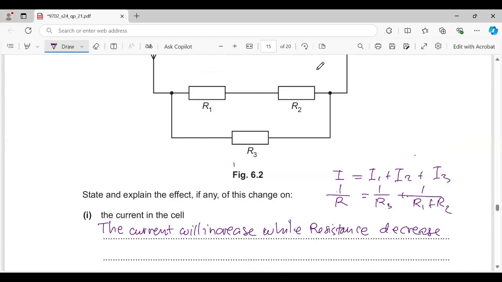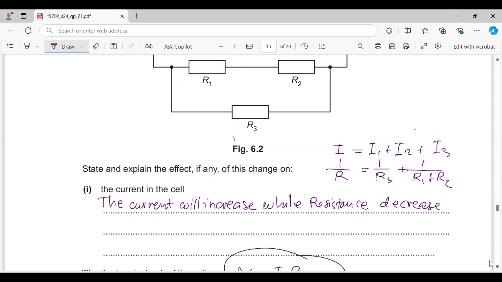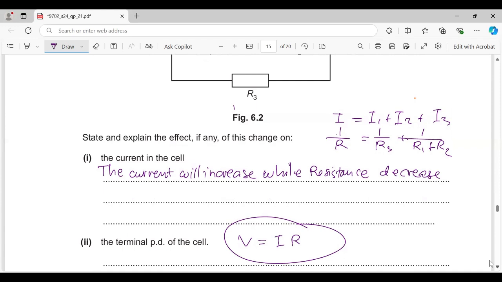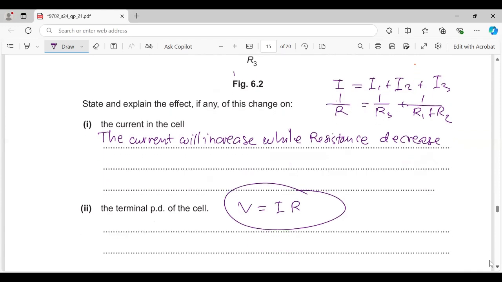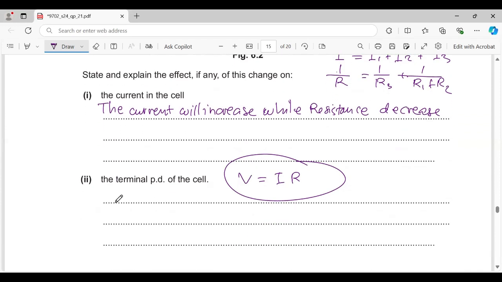So the implication is that the potential difference at the terminal would decrease.